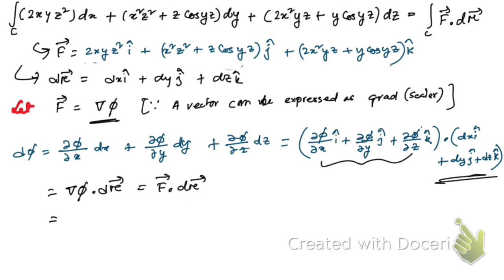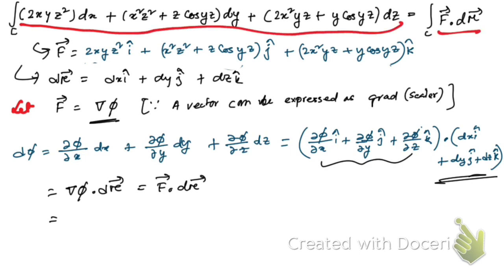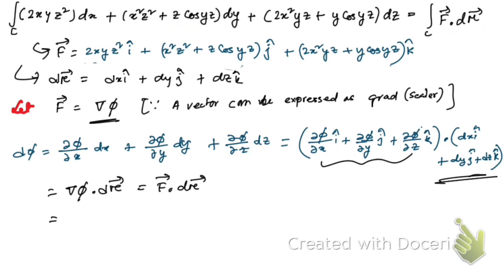This part is F dot dr, and this part is F dot dr. Here you see the integrand part, this is F dot dr. So we can replace this F dot dr by this part. If we do so, then what are we going to get?